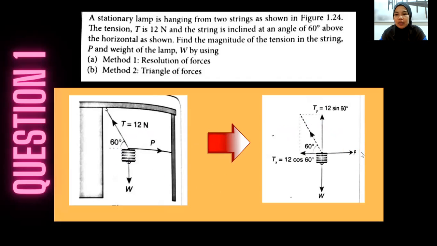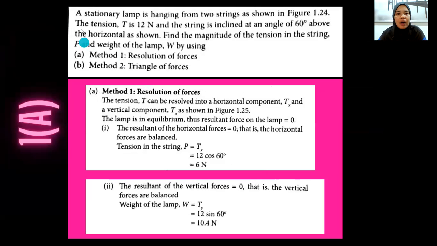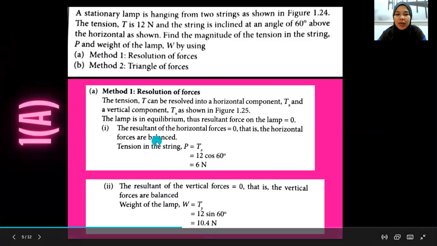Okay, we're going to look at how to solve this question using triangle of forces. A stationary lamp is hanging. Method number 1, sorry, was resolution of force. Before we move to method number 2, we're going to find the resultant force, force in X component and force in Y component.